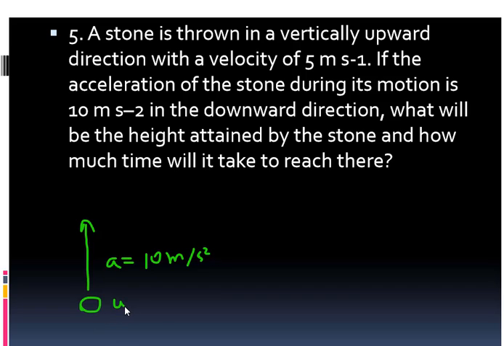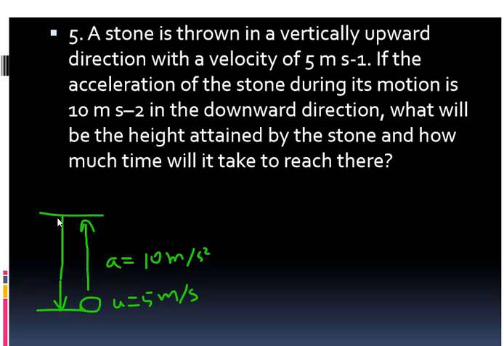Initial velocity with which the stone is thrown is 5 meter per second. Now, what will be the height attained by the stone? When you throw something, it reaches a maximum height, then it falls down. Therefore, this is the height attained by the stone.